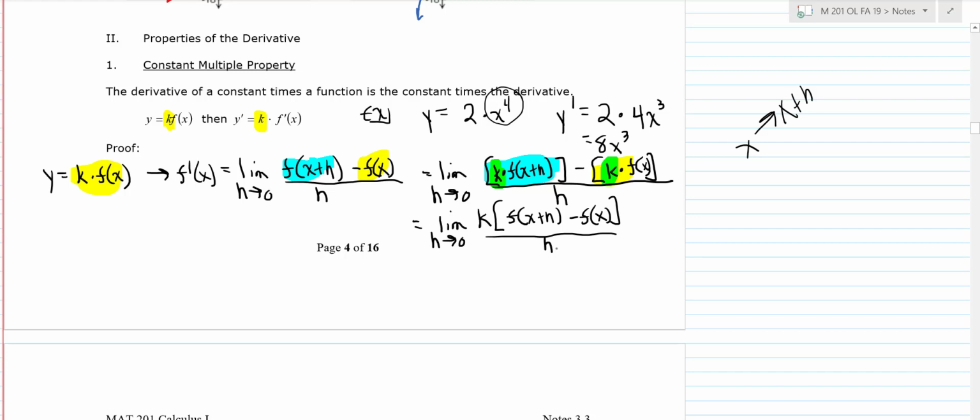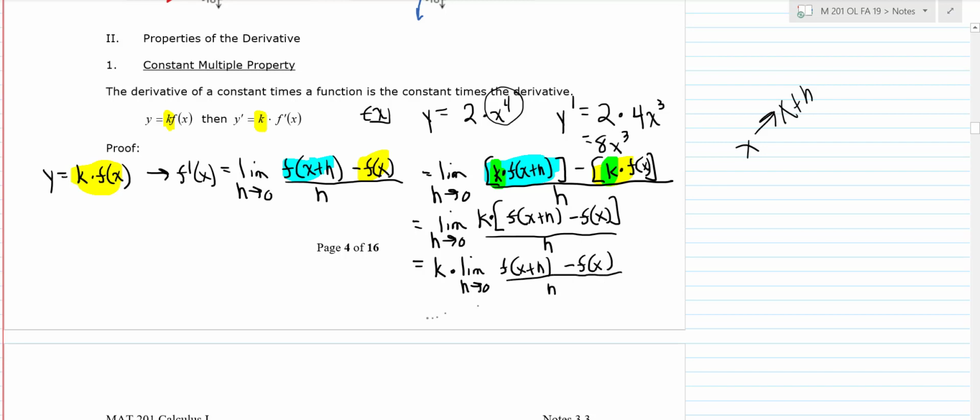There was a limit property that said we can pull a constant out of a limit. So when you have a constant multiplied by something in a limit, that can be pulled out. So you would get k times the limit as h goes to 0 of f of x plus h minus f of x all over h.